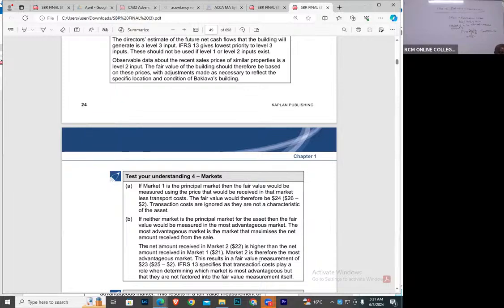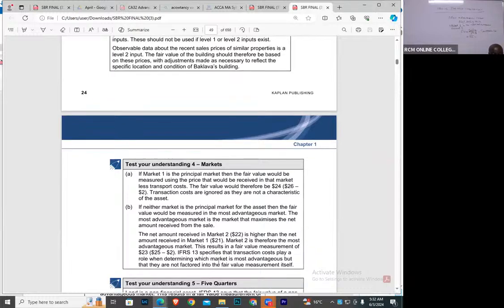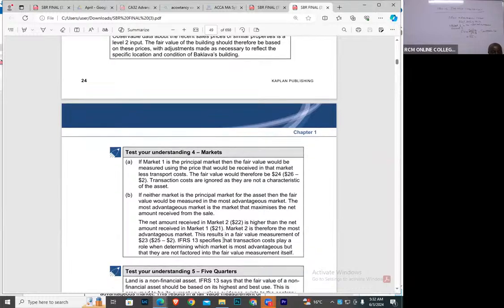This results in a fair value measurement of 23. Remember, fair value is this selling price 25 minus 2. IFRS 13 specifies that transaction costs play a role when determining which market is most advantageous, but they are not factored into the fair value measurement itself.